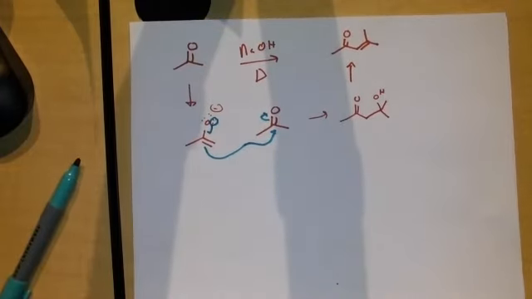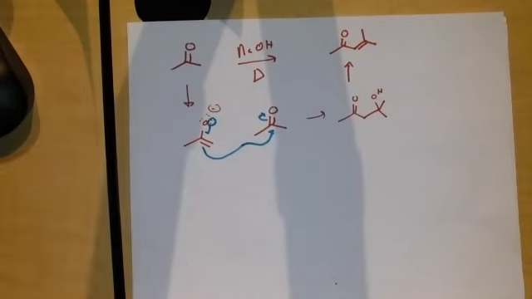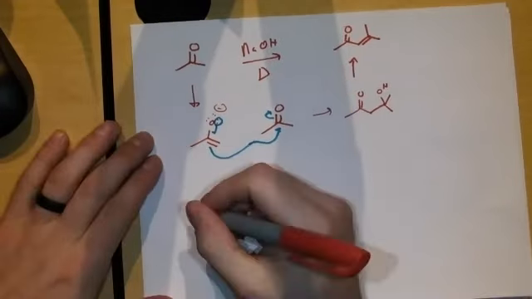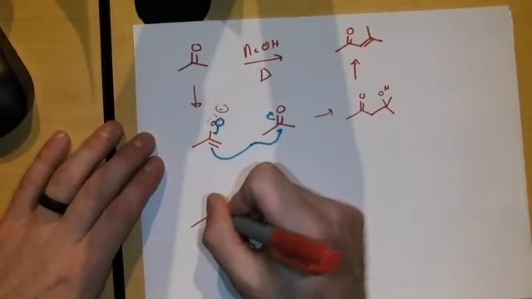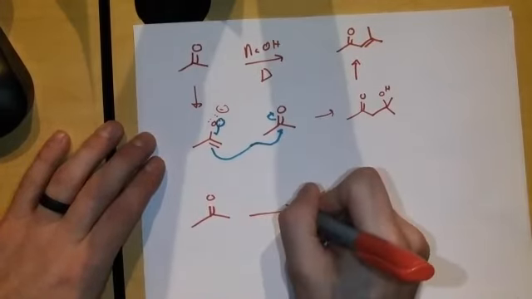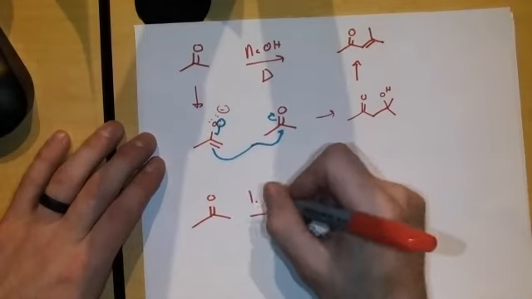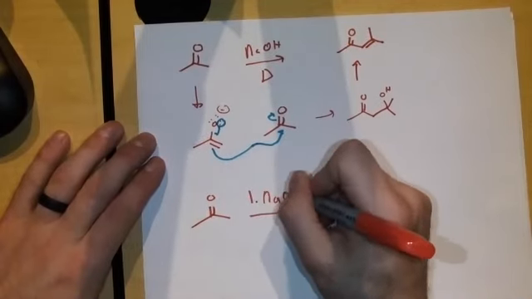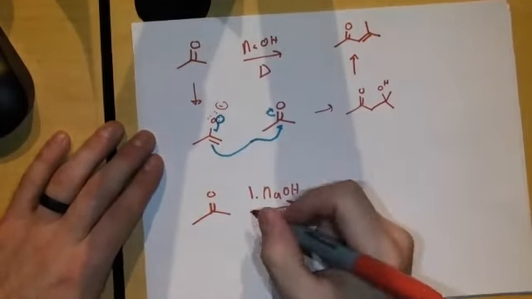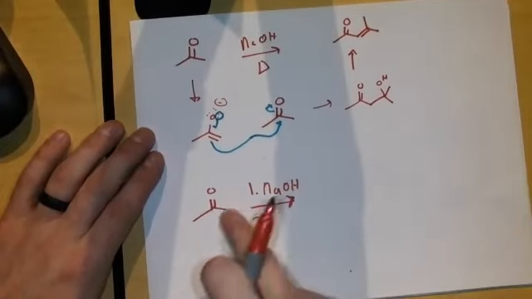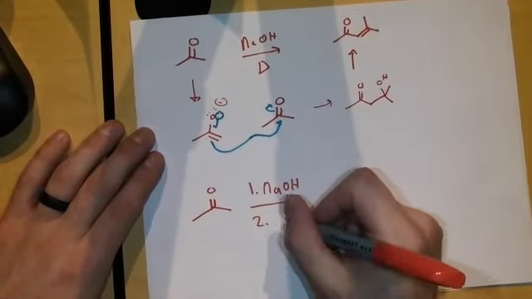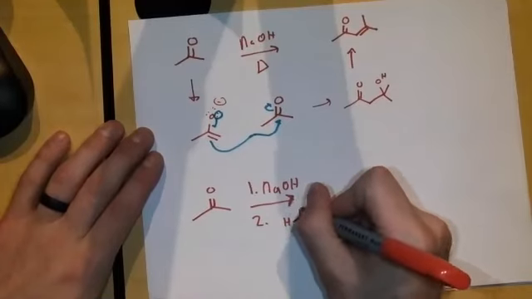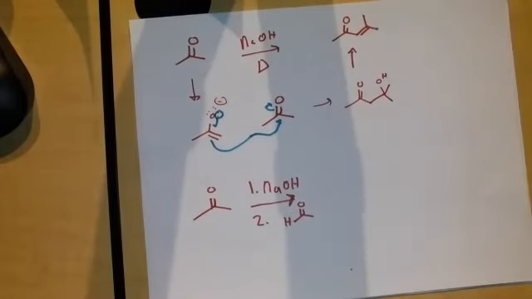If we want to be selective, so let's say we actually want to do this to an aldehyde, we want to have the ketone attack the aldehyde. One thing we can do is separate the steps. So if I add in NaOH by itself, that is going to selectively deprotonate this as enolate, and then I add in my aldehyde.